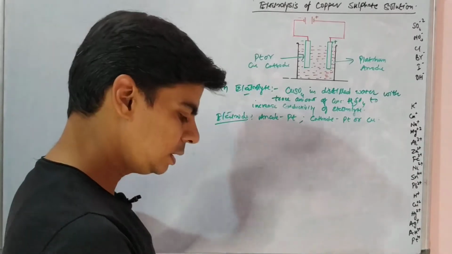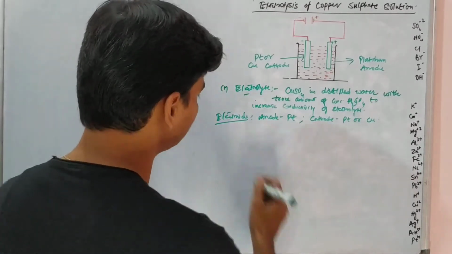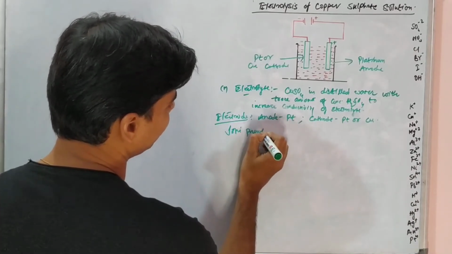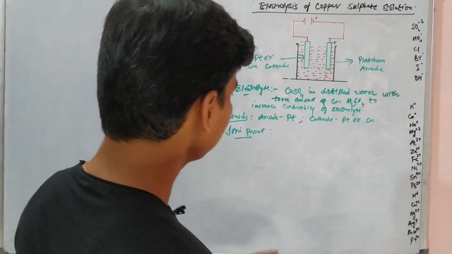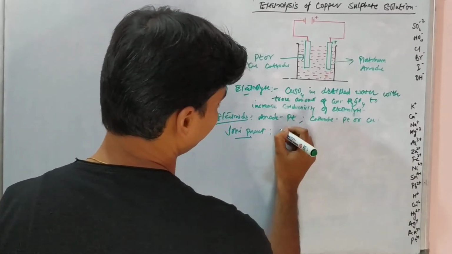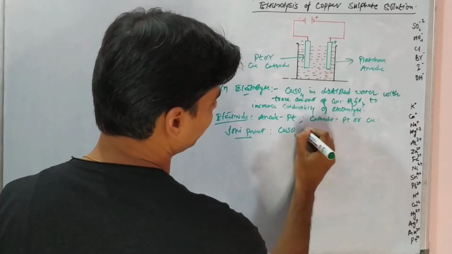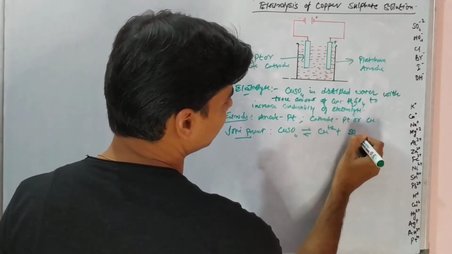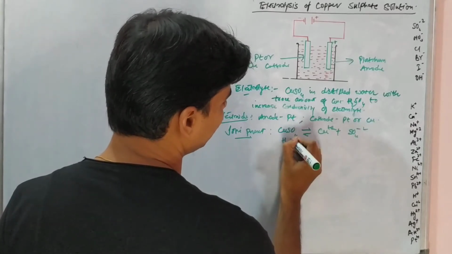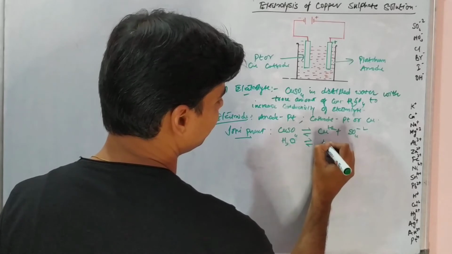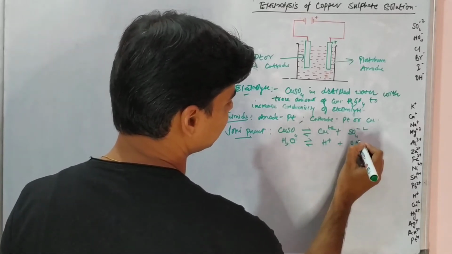And what would be the ions present? Copper sulfate will ionize to form copper ions and sulfate ions. Water will ionize to give hydrogen ions and hydroxyl ions.